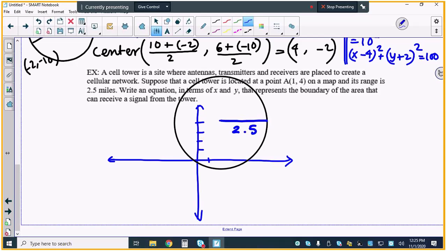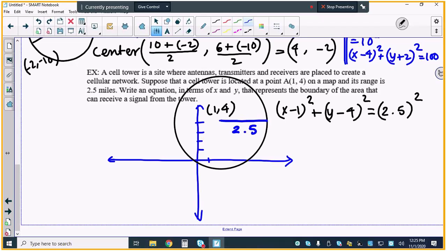The question is asking us, write an equation in terms of x and y that represents the boundary of the area that can receive the signal from the tower. So basically find the equation of the circle. The center is (1, 4), it's been given to us. So we'll say it's (x - 1)² + (y - 4)² = 2.5, the radius, to the power 2.